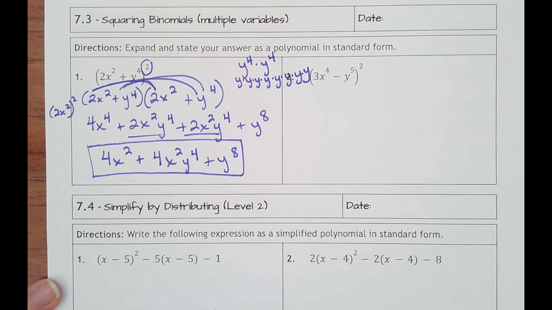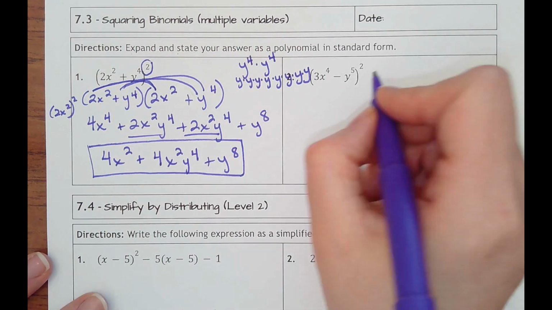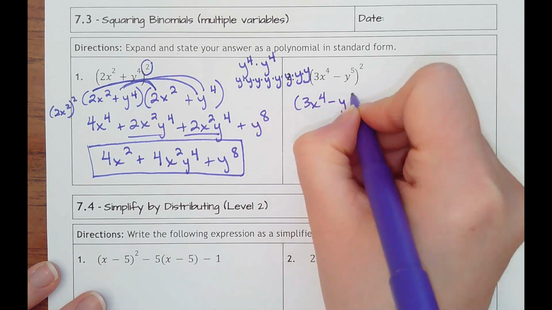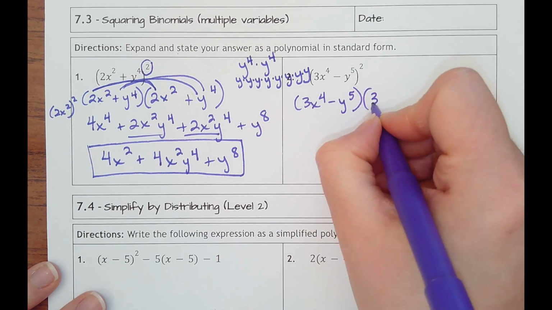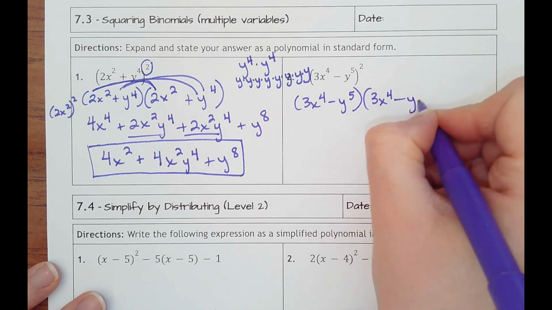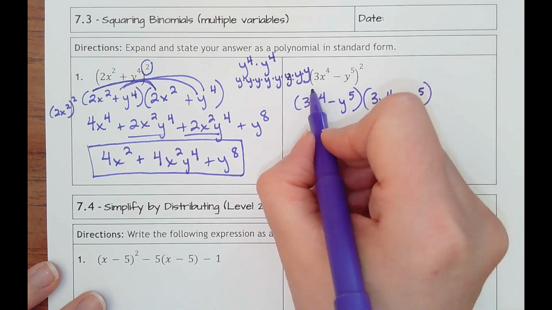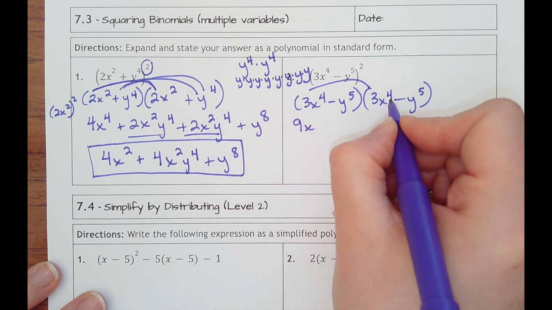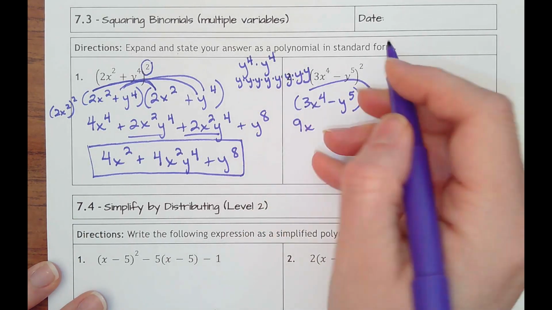Okay, and then last one of these, just to make sure we really got it, we've got 3x to the fourth minus y to the fifth times itself. I'm going to take 3 times 3 is 9. I'm going to add 4 plus 4, because that was like what we did here with the y's, that's 8.